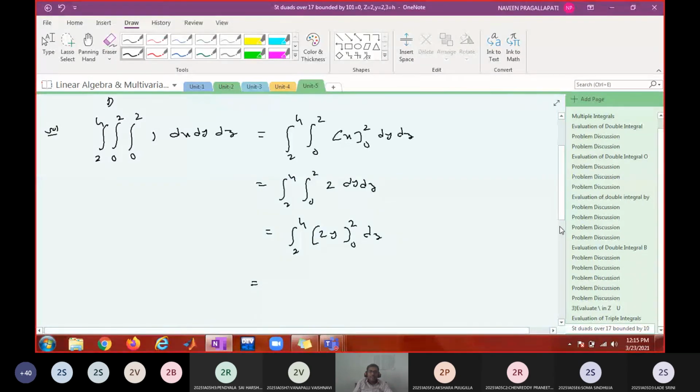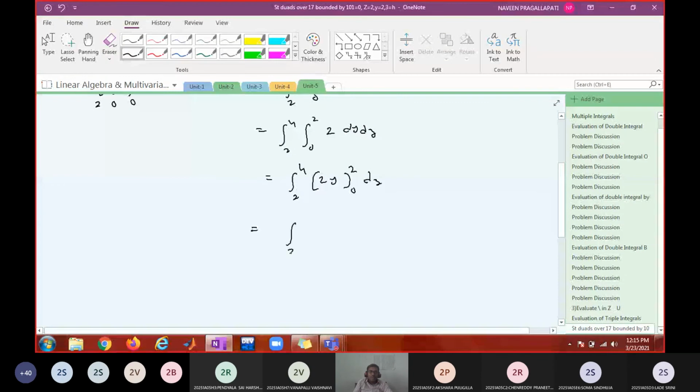What is the upper limit minus the lower limit? This is the integral from 2 to 4 of 4 dz. This is 4z with the limits from 2 to 4. That means 16 minus 8. This is 8. Is that right?